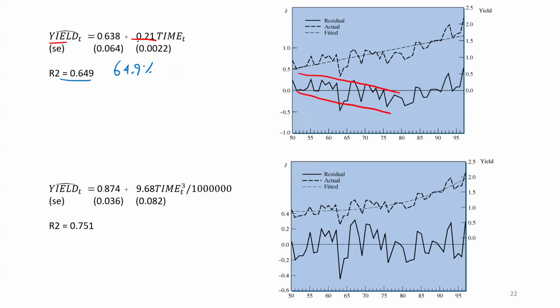They went down together and they went up together, which means your model faces autocorrelation. The model is invalid.